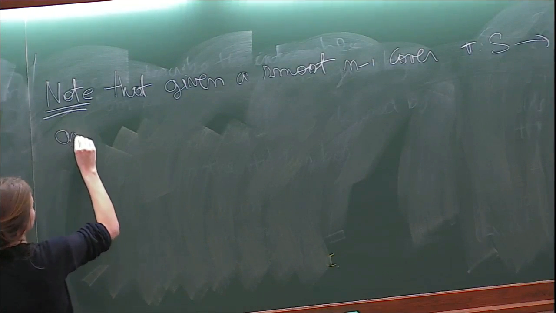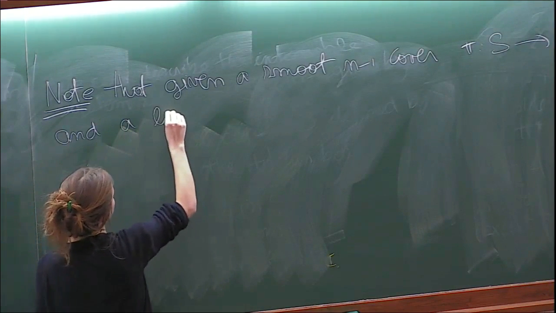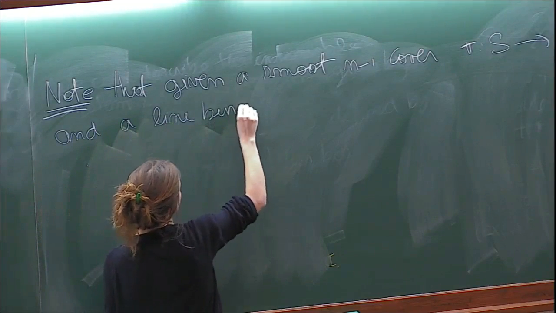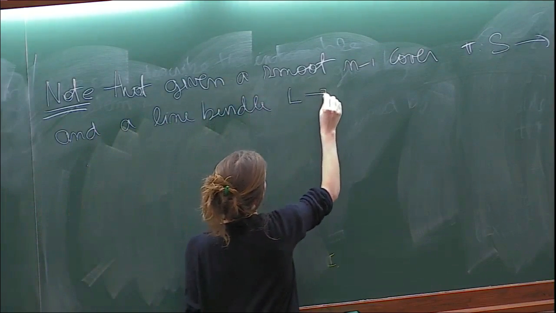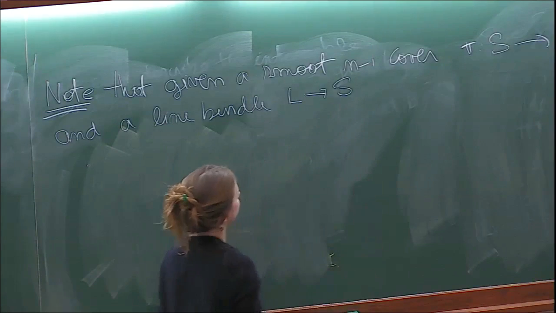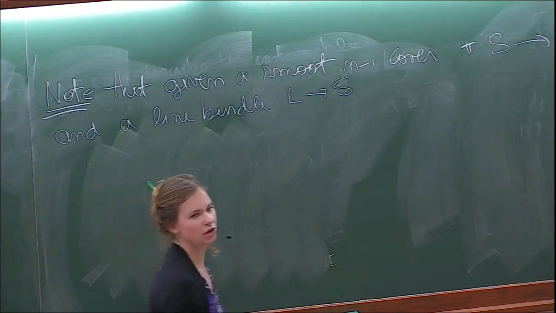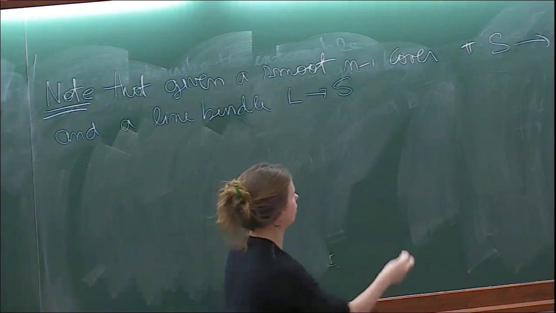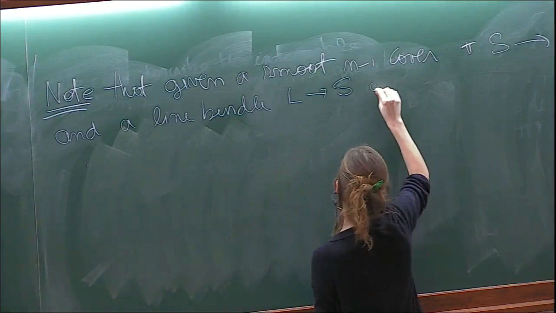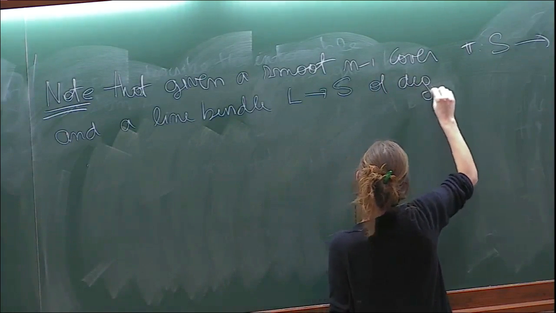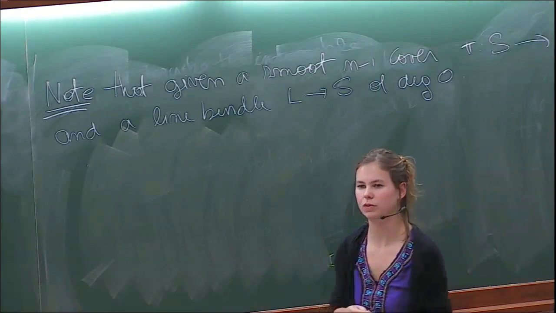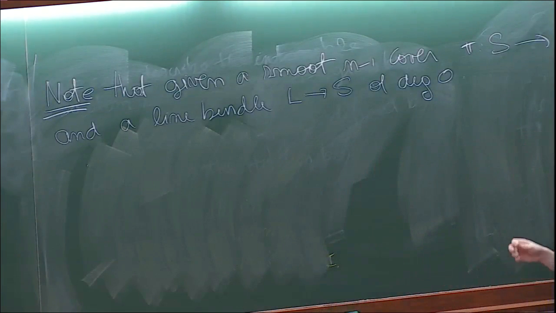And a line bundle L on S. We want it to be in the Jacobian so that we make the correspondence, so of degree 0. How can we obtain the Higgs field?